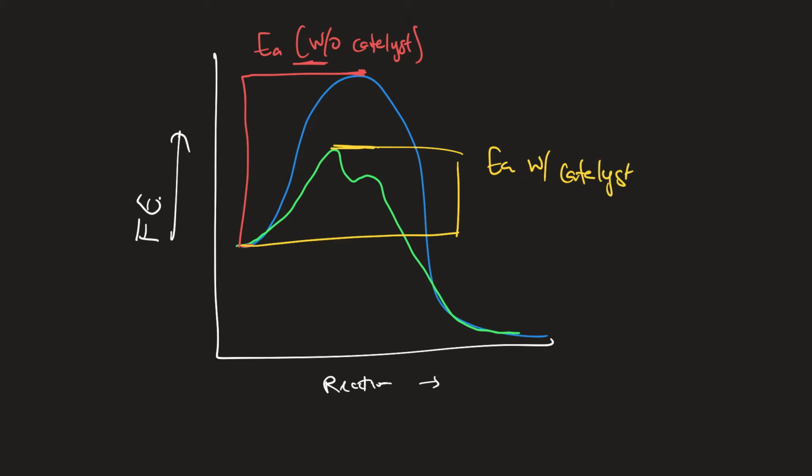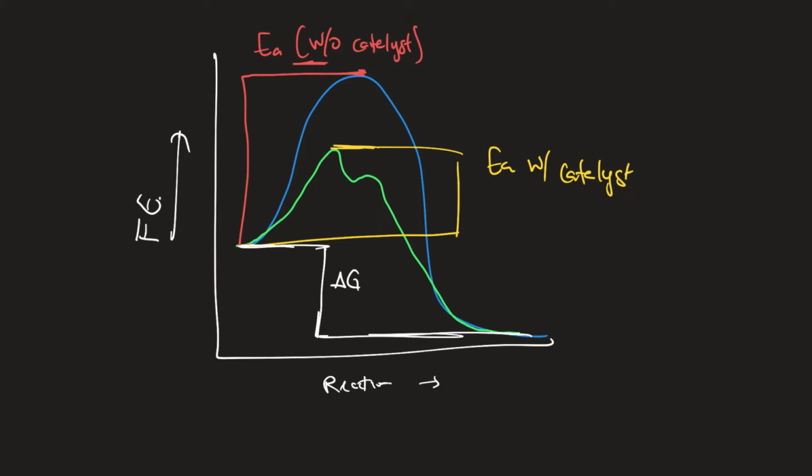So we see that the activation energy has been lowered. And due to the fact that the activation energy has been lowered, the reaction is going to proceed faster. Now, one thing to note, the delta G between these two remains the same. So it simply tells us that the reaction was going to take place anyways, with or without the catalyst.